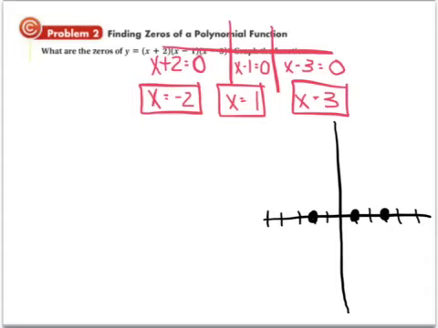That means this came from a cubic function. Knowing this came from a cubic, this is how I know my end behavior is either going to be down, up, or up, down. Do you remember that from cubics?